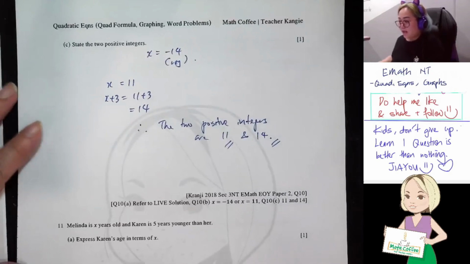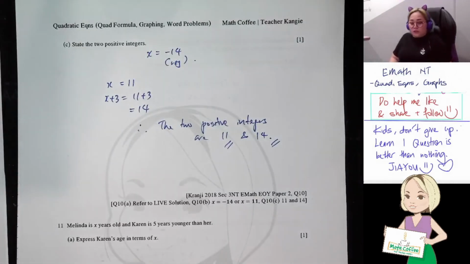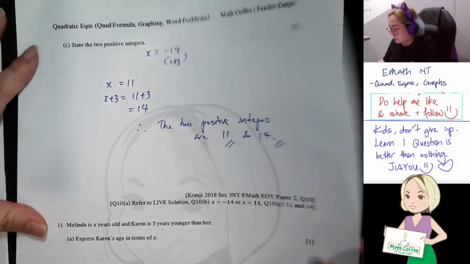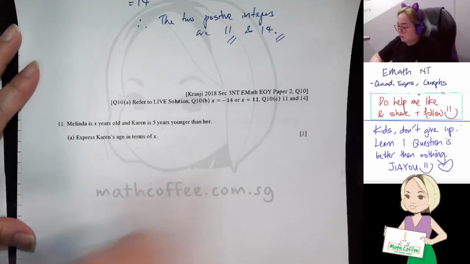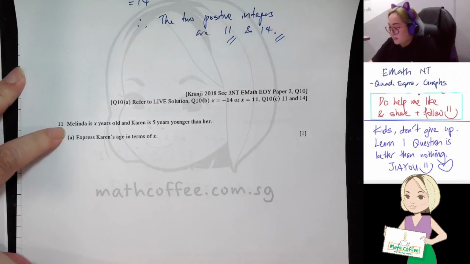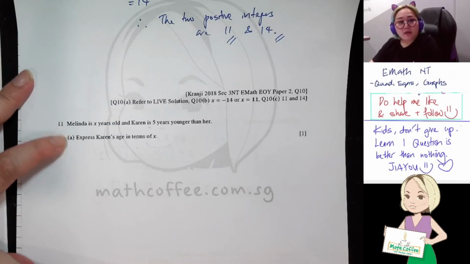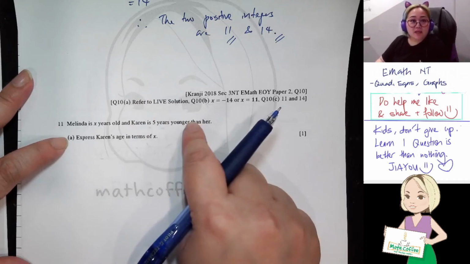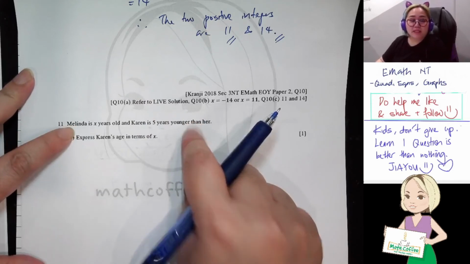Okay, we are left with the last two questions. Okay, question 11. Melinda is X years old and Karen is 5 years younger than her. Okay, express Karen's age in terms of X. So this is younger, so compared to Melinda, simply just X minus 5.